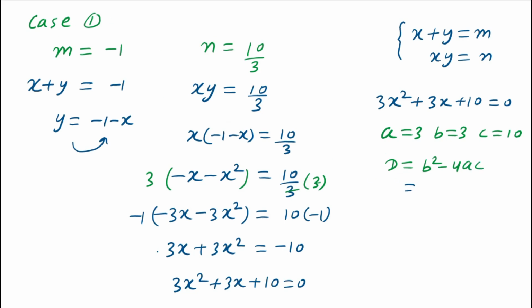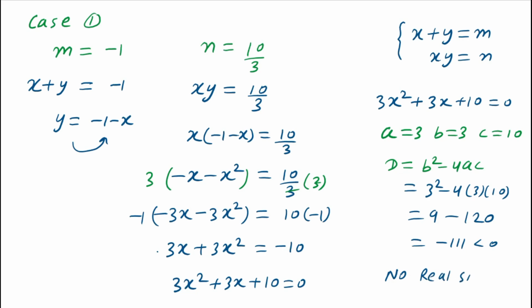So b is 3 square minus 4, and the value of a is 3 and the value of c is 10. Then 3 square is 9 minus 4 times 3 is 12, 12 times 10 is 120. 9 minus 120 is minus 111, which is less than 0. Here there are no real solutions.